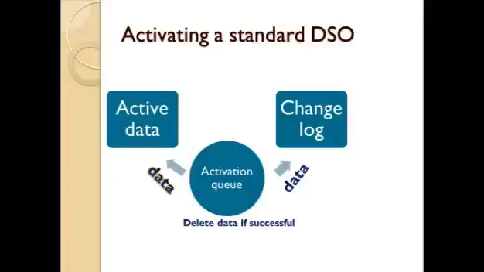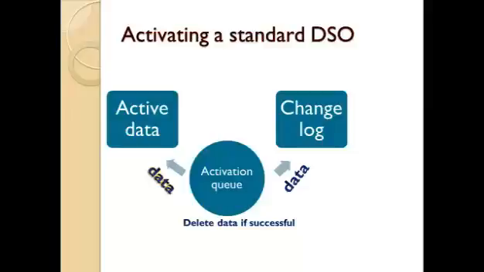So again, the standard DSO will need to be activated so that data can be loaded from the activation queue table into the other 2 tables. Okay, so after we perform the activation, data is then loaded from the activation queue table to the other 2 tables as illustrated in this diagram here.